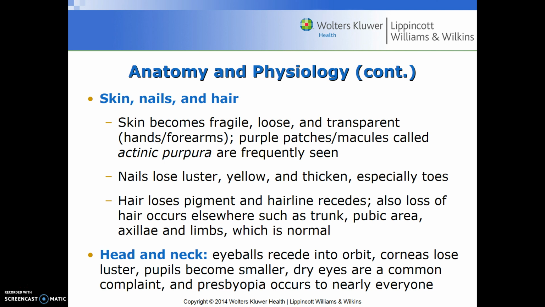We all know that hair loses pigment, the melanin, and hairlines recede. So we also have to consider that hair totality also reduces, and that's pretty normal in most patients.